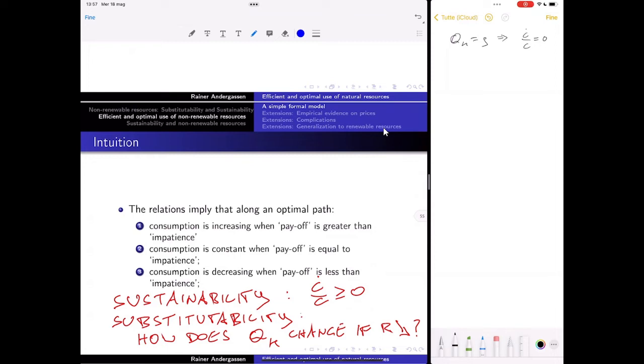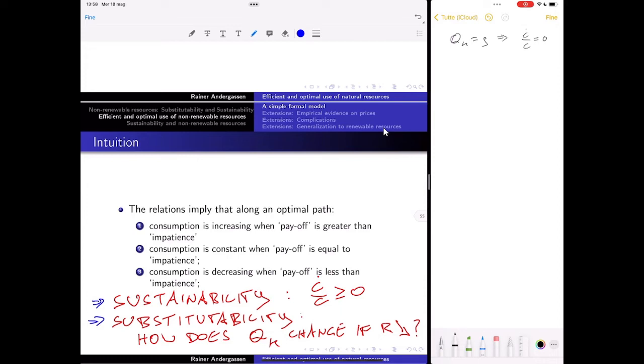As we're going to see, this is in particular going to depend on the degree of substitutability, and therefore this goes back to the discussion we had at the very beginning of these lectures. So sustainability and substitutability are strictly related. And here, for the moment, I'm just going to use the Euler equation and some results in order to get some very basic insights.